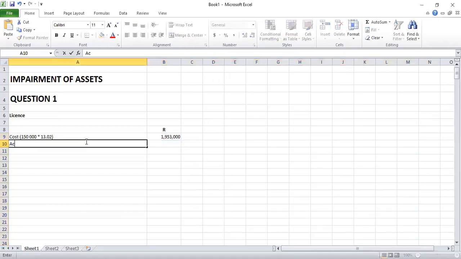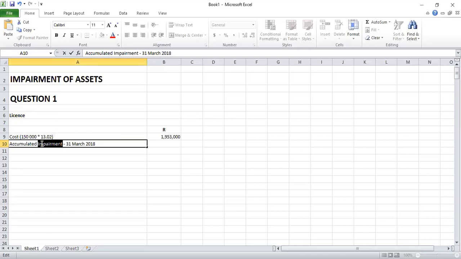Right. Then our accumulated impairment at the beginning of the year, which is 31 March 2018. Remember that the year is ending on 31 March 2018. We know that not accumulated impairment, amortization, sorry.